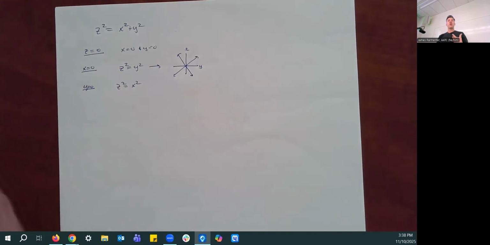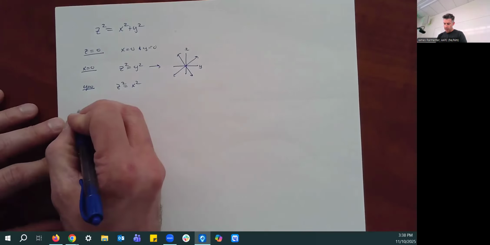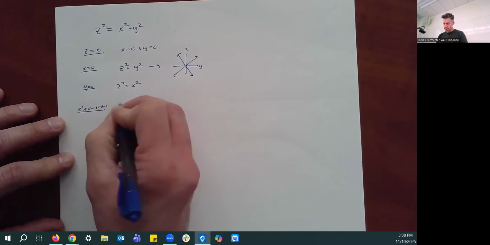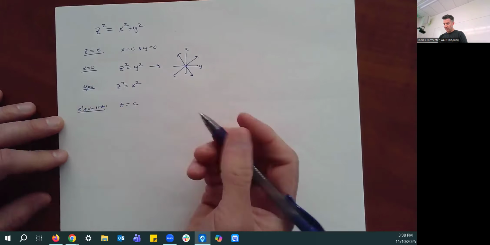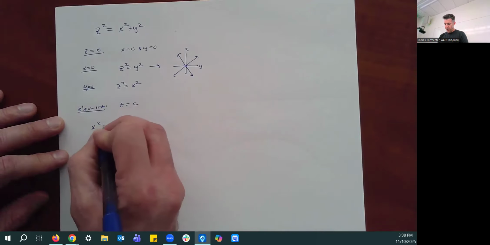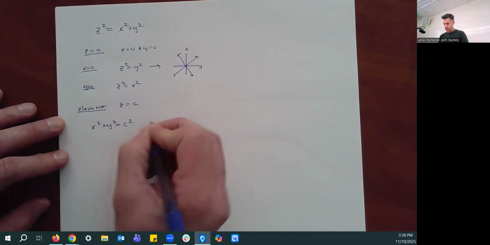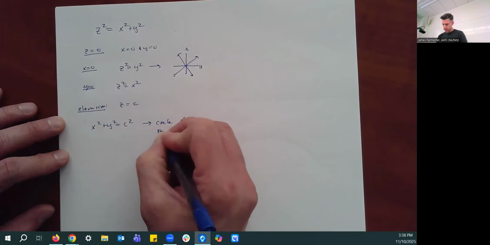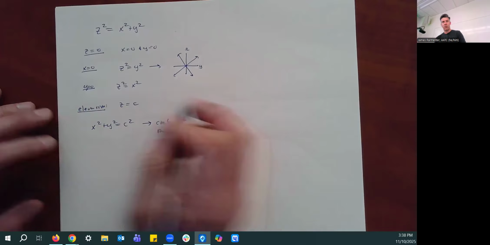And then our level curves are also going to be circles here. If we set the elevation to be z equal to c, then we're exactly going to get x squared plus y squared equal to c squared, a circle of radius c, centered at the origin, of course.